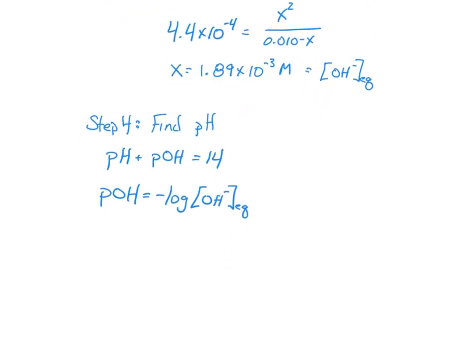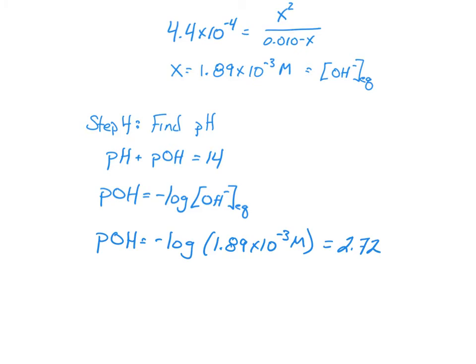And so I know the concentration of hydroxide at equilibrium. That's what I just found. So the pOH is equal to the minus log of 1.89 times 10 to the minus 3 molar, which is equal to 2.72.